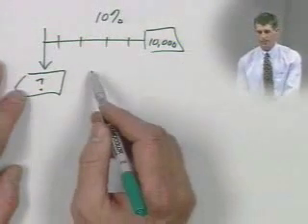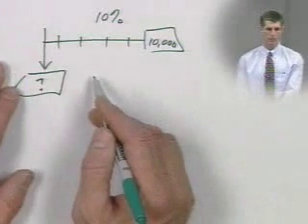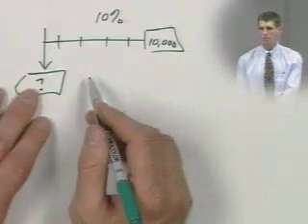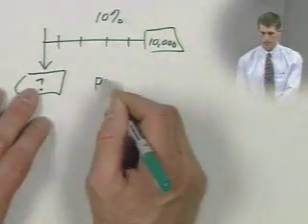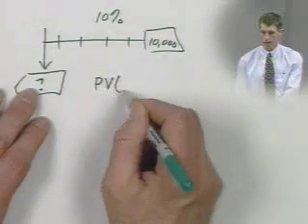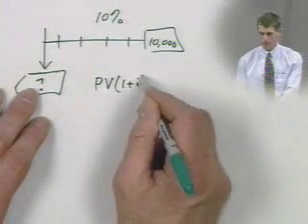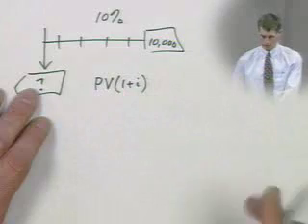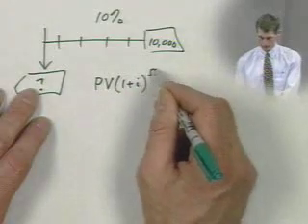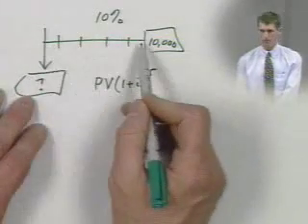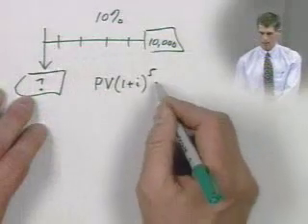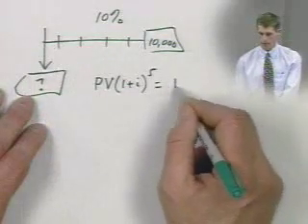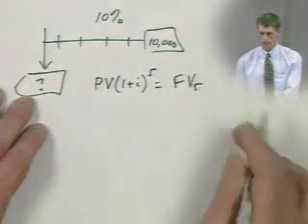Well, using exponential notation, how would we calculate this? What did we find out before? We found out that the present value times 1 plus the interest rate, in this case 10%, to the fifth power, because it's a 5-year time horizon, right, is equal to the future value in period 5.